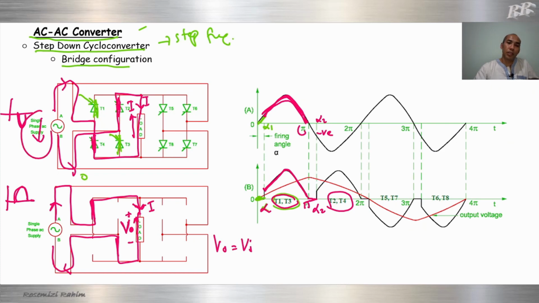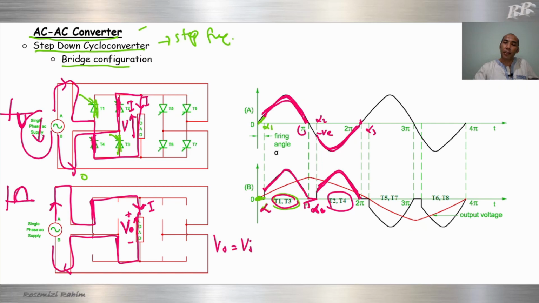So input is negative, this one is negative, output is positive. Okay, you can see that output is positive at alpha 2 until 2 pi. Then after 2 pi, our input is 0, so all the thyristors will be switched off until alpha 3.